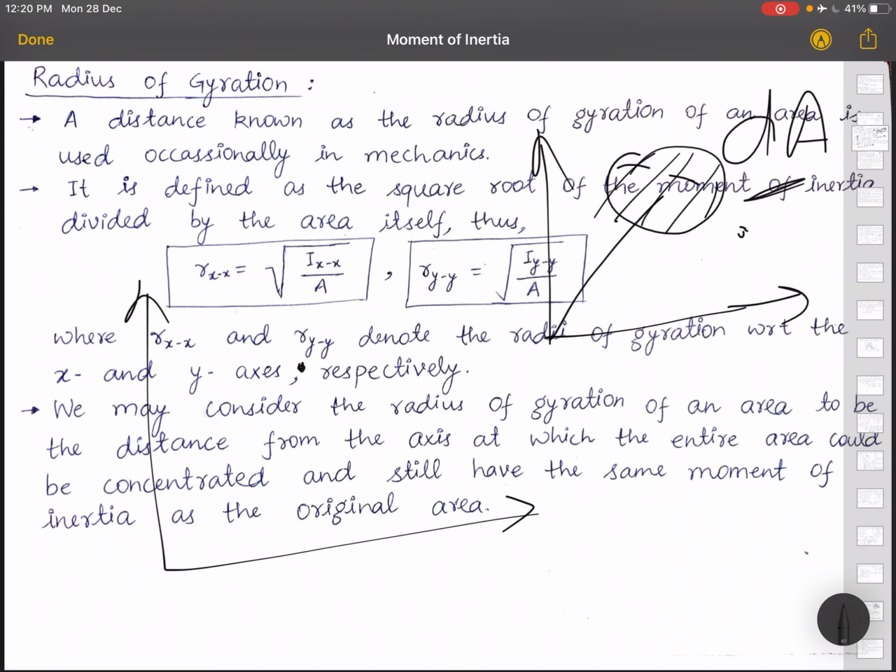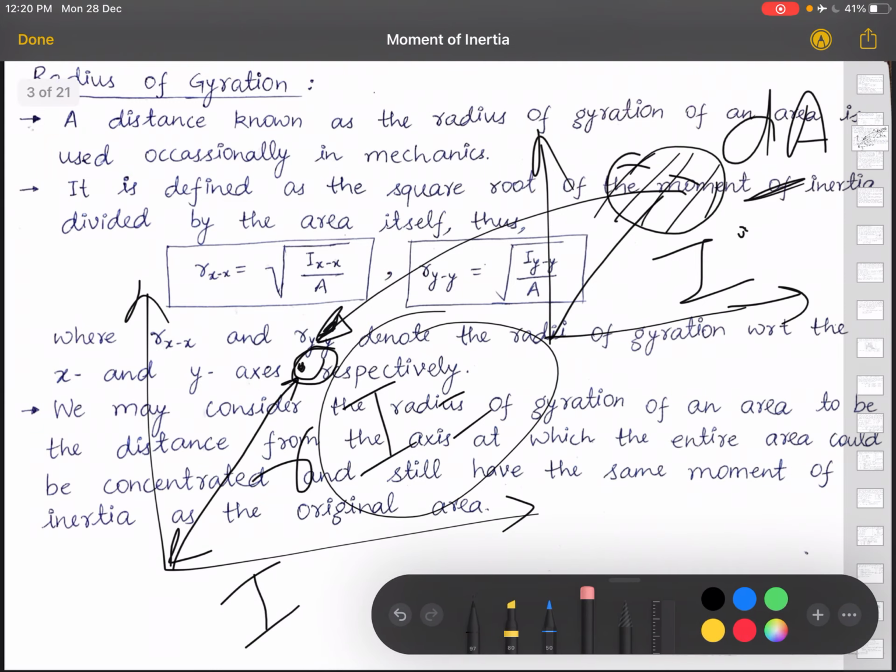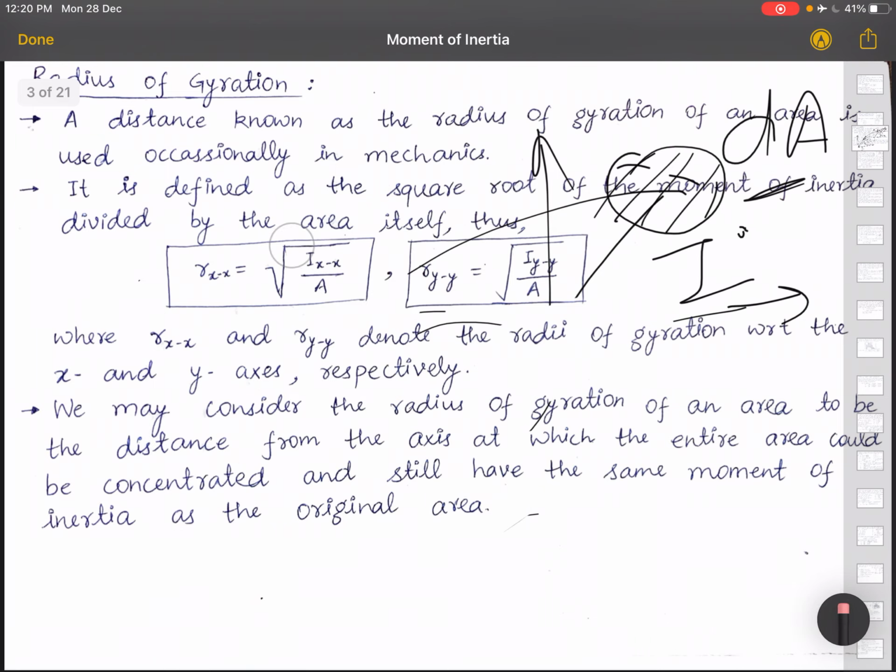If we want this whole area to be accumulated here, at what distance do we have to keep this small area so that our inertia is the same, it is not going to change? The I here will remain the I here. So this is the radius of gyration. Clear?